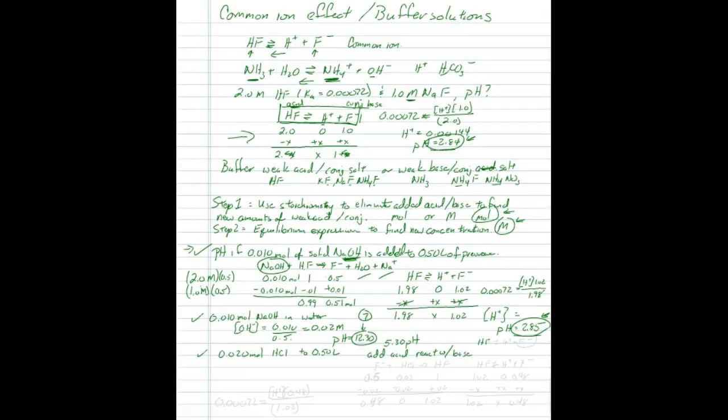and in this equilibrium, the base is the F minus. So it's going to be F minus plus HCl makes HF.